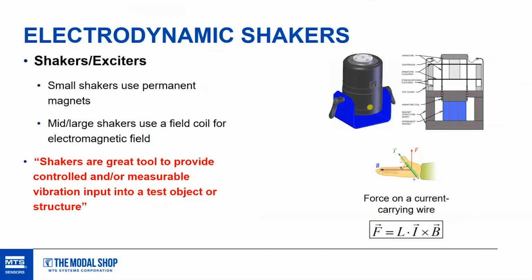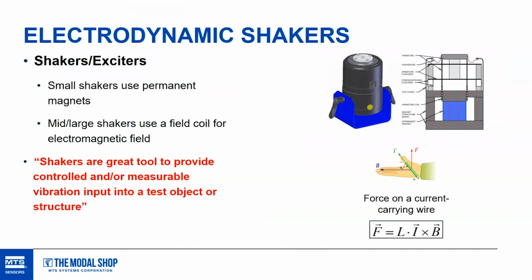The nice thing about shakers from a testing perspective is that they are a great tool to provide controlled and measurable excitation input that you can apply to a test article or a structure. It could be a product, it could be an airplane or an automotive body. There are many applications out there that we can cover using electrodynamic shakers.